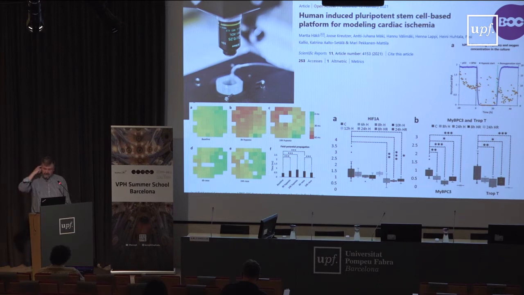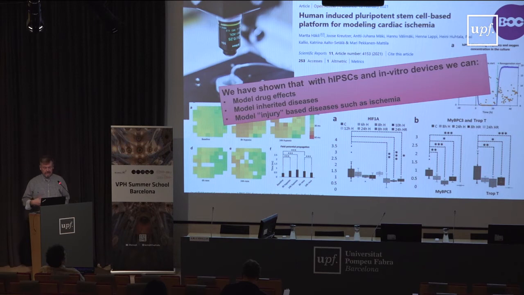And lately, in this Center of Excellence, we have built systems, or Professor Pasi Kallio's group is building a system, for controlling oxygen levels. For example, here is the oxygen concentration on the dish, and then it's dropped down and up again, and we can see how the beating rate changes, how the activity times change on these cells, and how the electrophysiology changes.